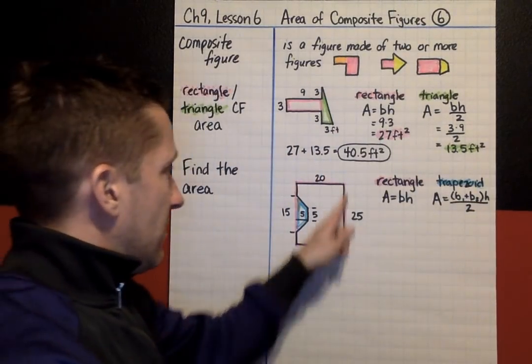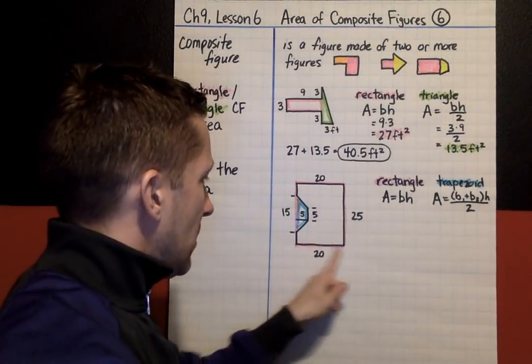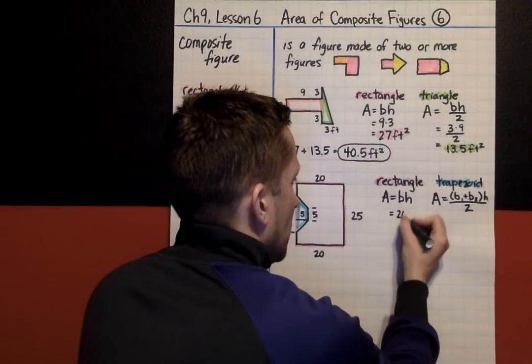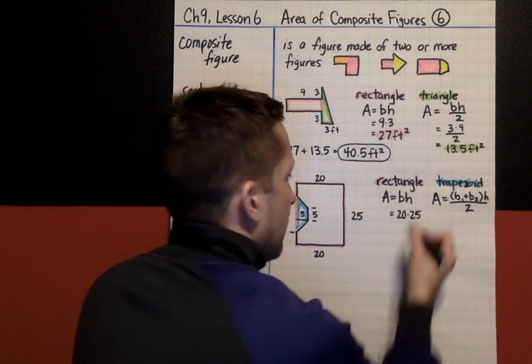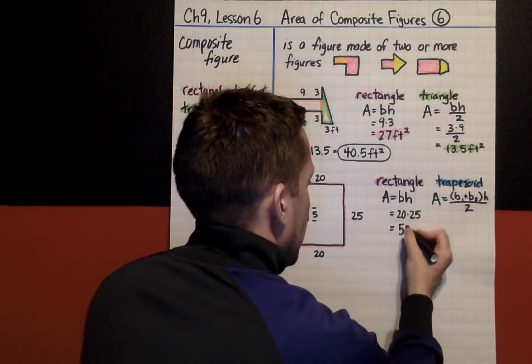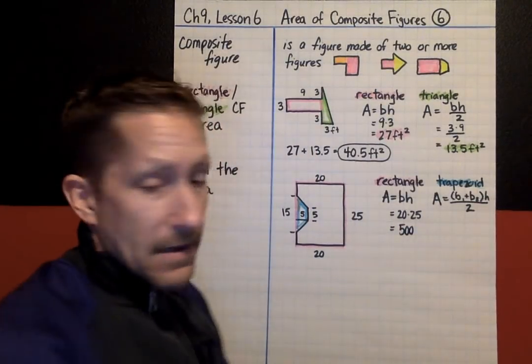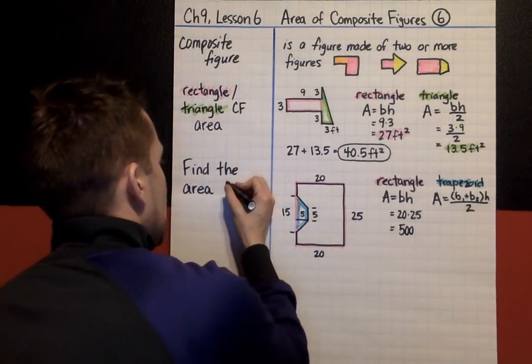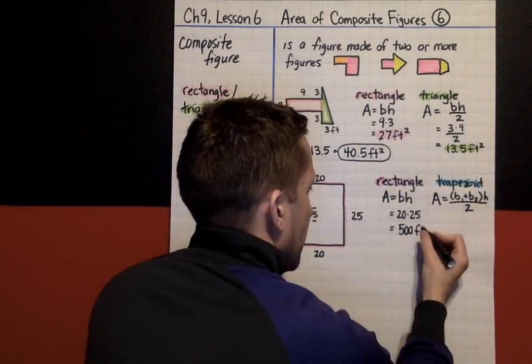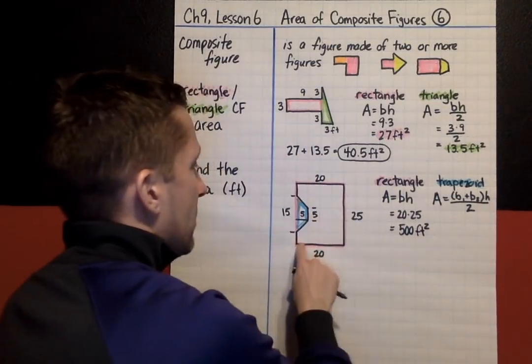So the area of the rectangle in pink, here's the base, here's the height. So the numbers that we would use would be 20 times 25. Calculator that, and you're going to get 500. We'll also say that this area is in feet, just to give it a unit. 500 feet squared, that's the area of the pink.